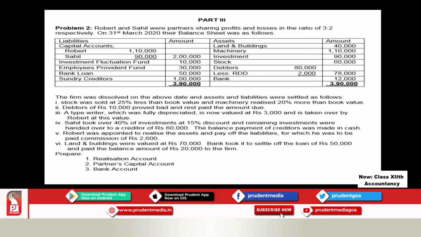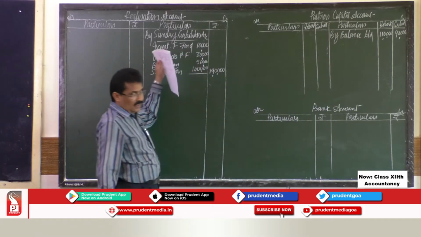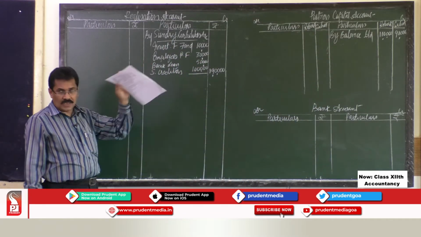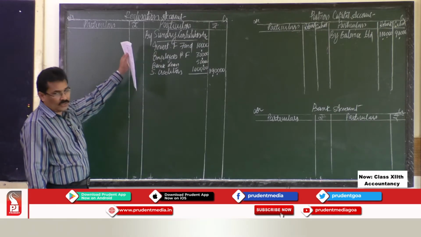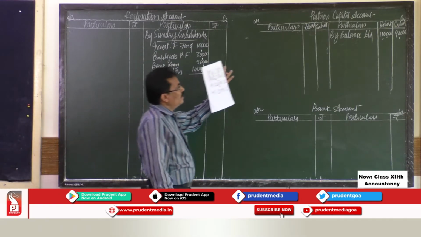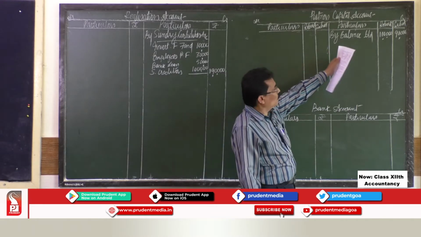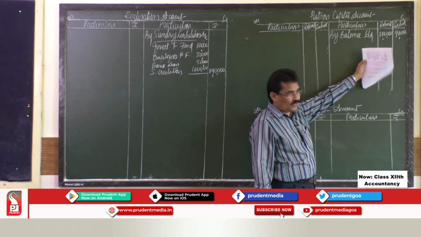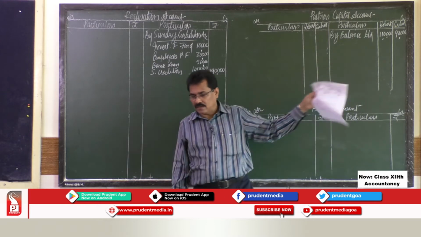This is an internal liability, these are external liabilities. External liabilities accounts are closed by transferring to realization account, and the capital account we are not closing, we are just transferring the amount due to partners here. So we will close it later on.